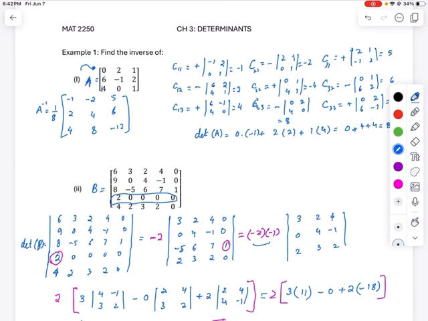So we start here by calculating the cofactor. So C11. Remember C11 is coming from the A11 position. So for that, the minor will be written by omitting the first column and the first row. So I have negative 1, 2, 0, 1.